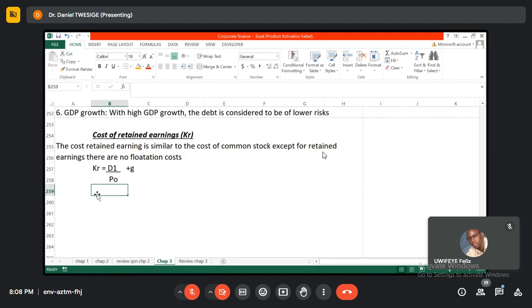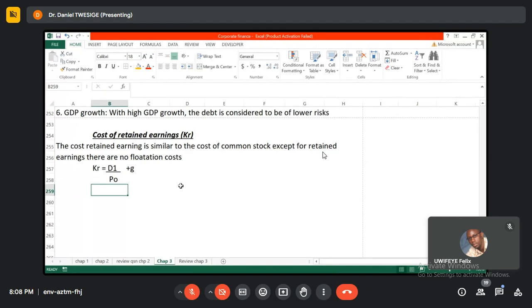Is it contradicting? Not understandable. How did we get the cost of ordinary common stock? D1 over P0. Why did we use D1?